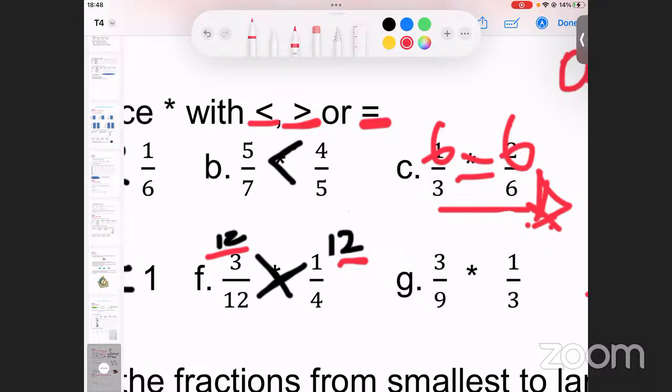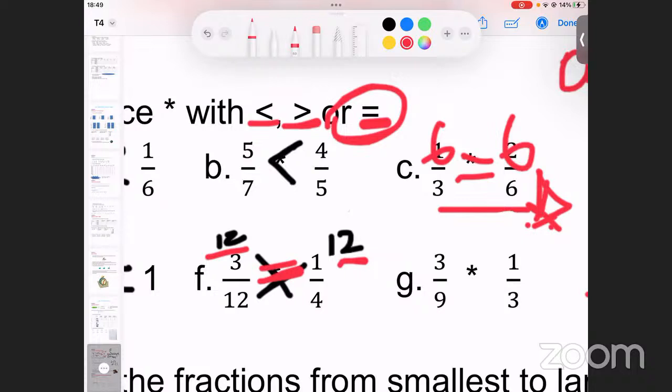There's no bigger one. If there's no bigger one, that means they are equal. So that means 3 over 12 is equal to 1 over 4.